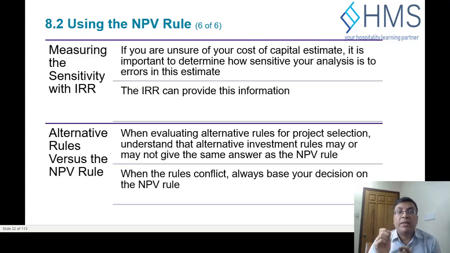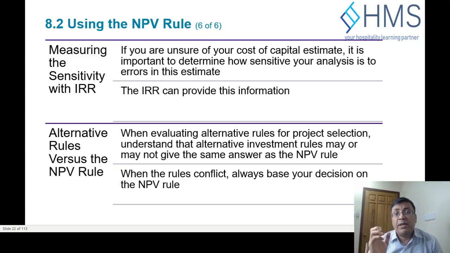It's better to understand what the IRR is. So the IRR, as we said earlier, if it's very close to your cost of capital, it's pretty risky, because in that case, a slight increase in the discounting factor may make the project unviable. So you have to calculate both NPV and IRR.